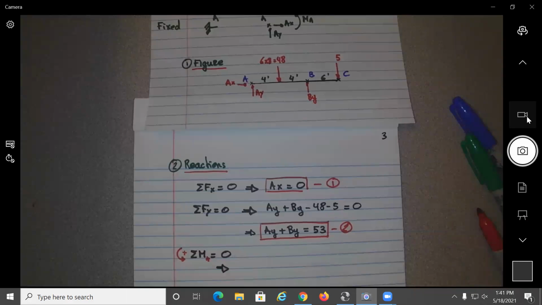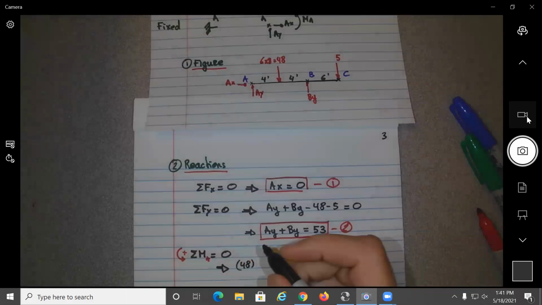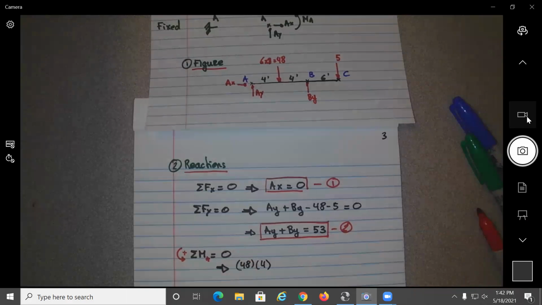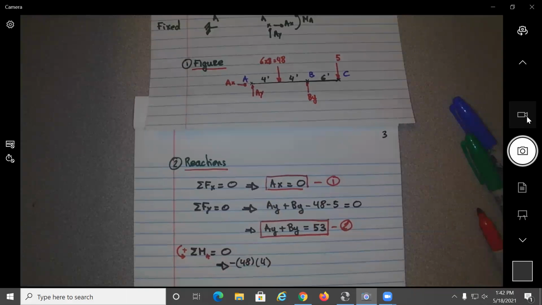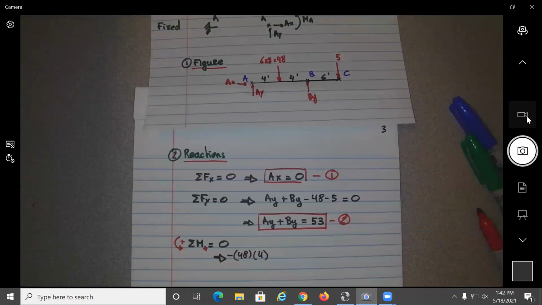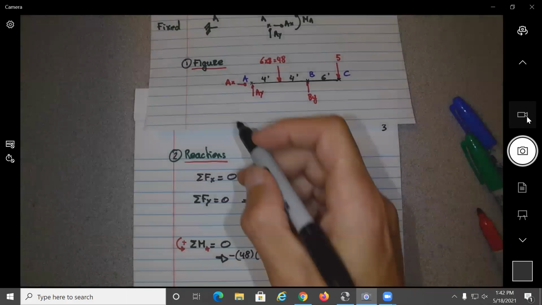So this will give what? So let's say we have the force 48 times 4 feet. Is that one clockwise or counterclockwise? That one is going clockwise. So that means that this will be a negative moment. Now, B_y will be going counterclockwise.